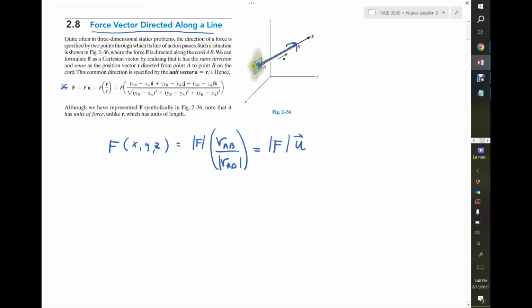So for example, let's say that A is located here at a particular place on X, parallel to the distance, about let's say 2 feet, and then in the Z direction going up, let's say that's about 5.